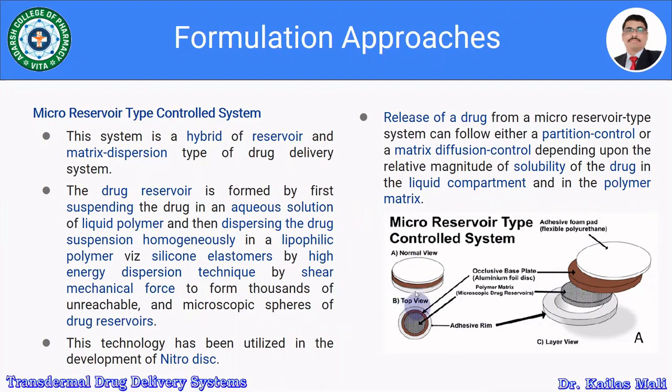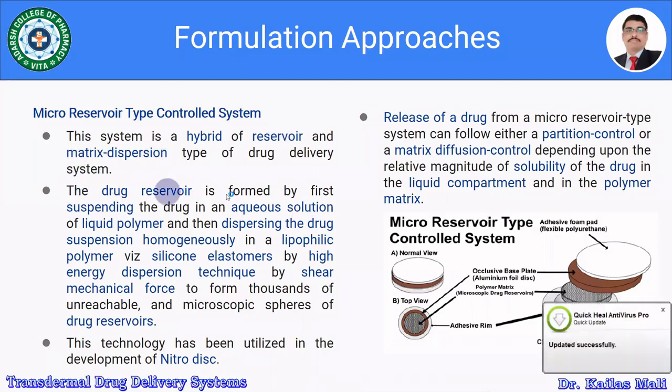So this system is a hybrid of reservoir and matrix dispersion type of drug delivery system. Here we are utilizing both approaches in the system, that is, the reservoir as well as the matrix.